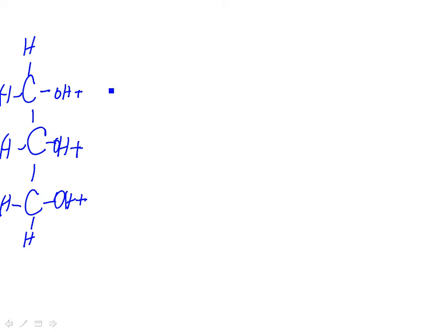So we want to stick that carboxyl group out here. And so we have a C double bonded to an oxygen, and I'm just going to go ahead and draw all of my carboxyl groups for each of my fatty acids.